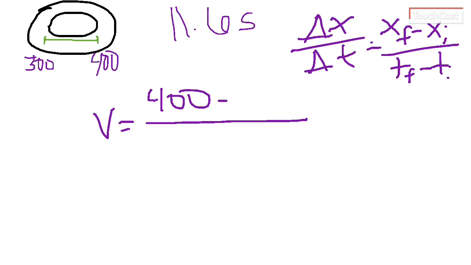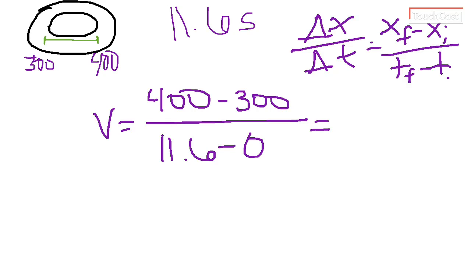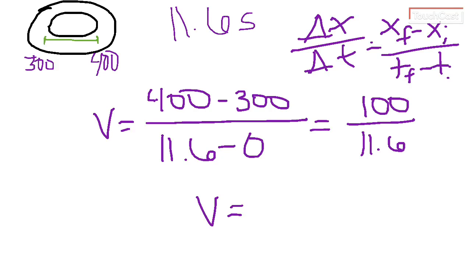No. They started at the 300-meter mark. Okay? And our time was 11.6 seconds. And again, without being given any type of initial time, it's probably safe to assume that they started that stopwatch at 0 seconds. Otherwise, it'd be a really weird race. And so what we need to do is do the math. And so delta x is 100. Delta t is 11.6. And so our person's average velocity in this scenario was approximately 8.62 meters a second.